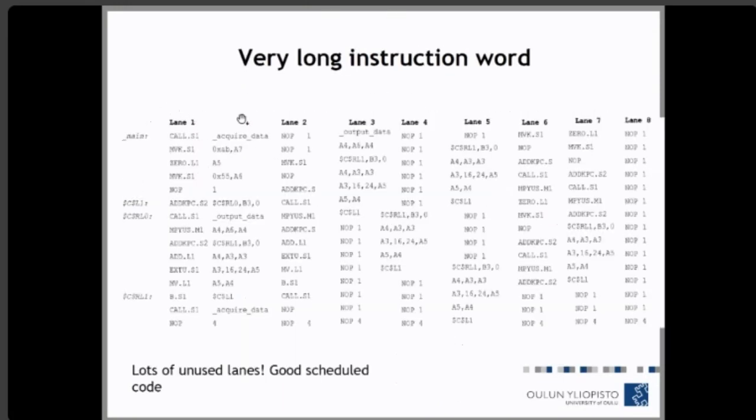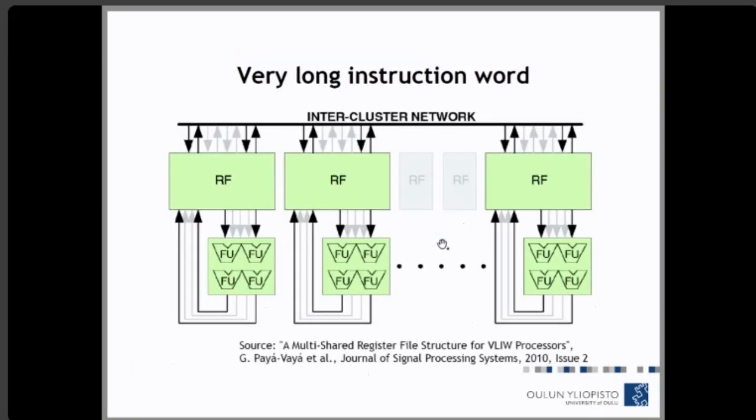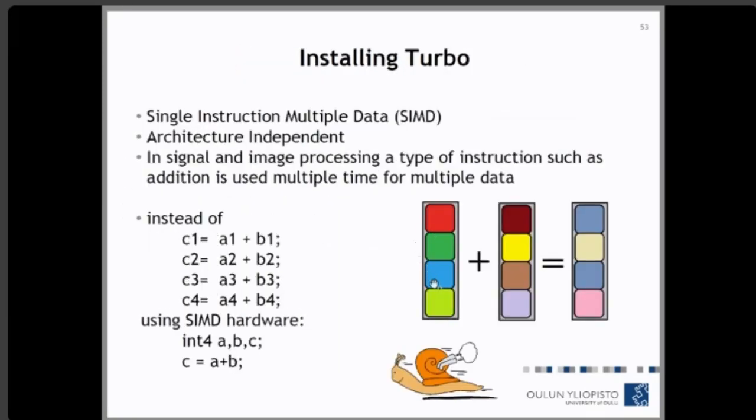In VLIW, you have parallel instructions running, but each instruction does something different: this is a call, this is a NOP, this is an output, this is a NOP, and so on. Each of them does something. SIMD instructions are similar to VLIW in that there are multiple lanes, but all of them do the same thing.